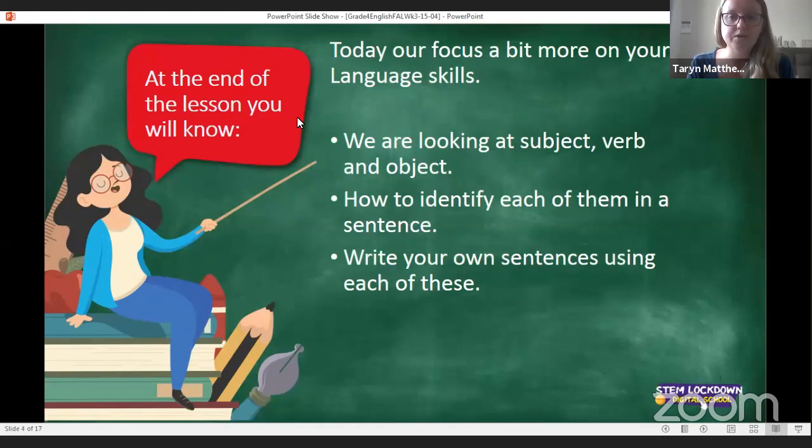So again, we're going to do some more language, but we're going to be looking at subject, verb, and object. So we're going to look at what each of those 3 sections are, and we're going to see how to identify each of them inside a sentence.